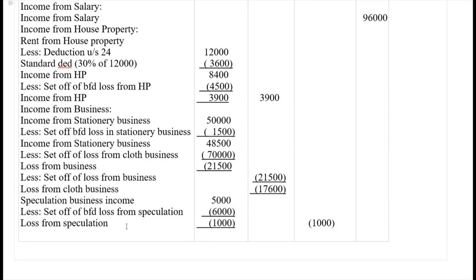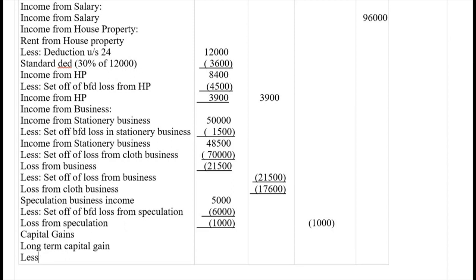Then the next one, capital gains. So in the capital gains we got long-term capital gain less set off of brought forward long-term capital loss.